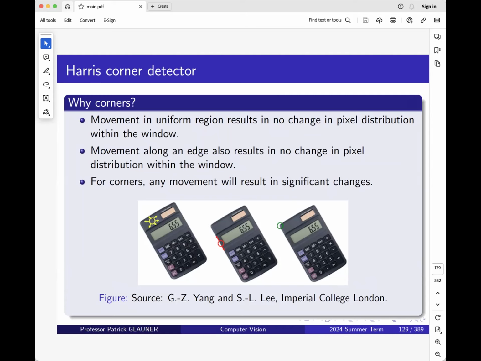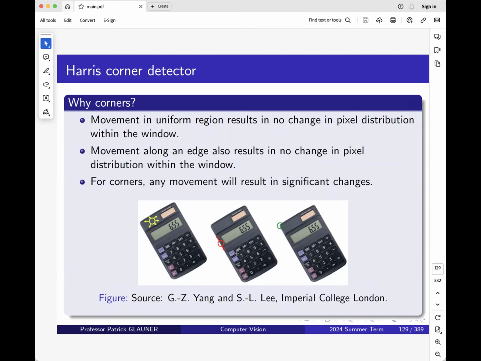Imagine I have this calculator and I just take a look at a small region, which is here. And that's a very uniform region. It's quite dark. There's maybe a little bit of variation in the intensity because I have some illumination on this plastic, but a feature from here doesn't give me much.